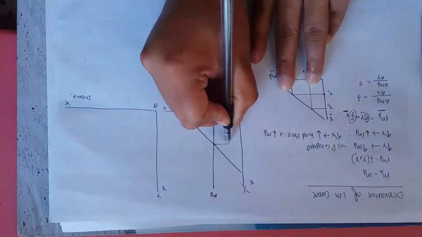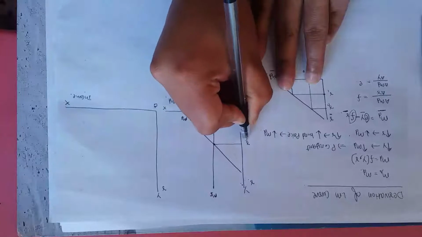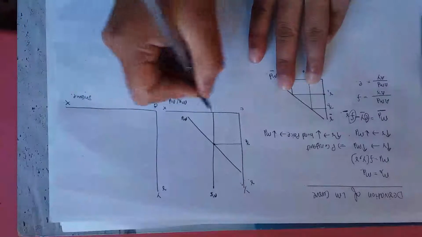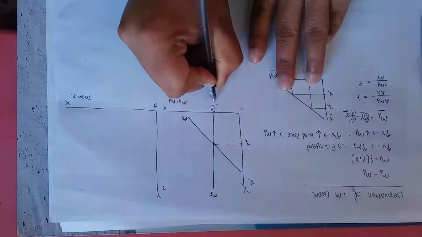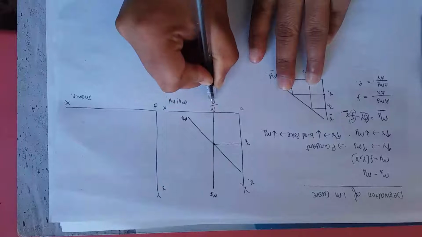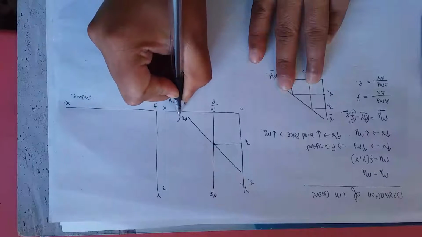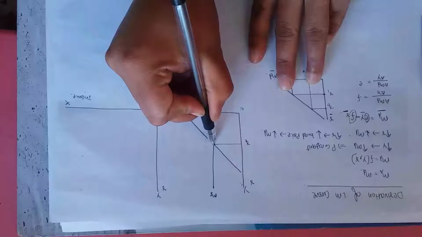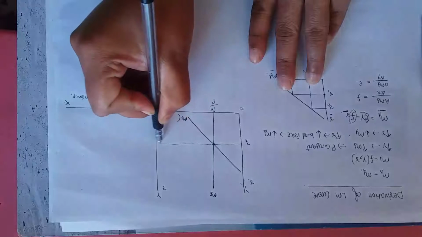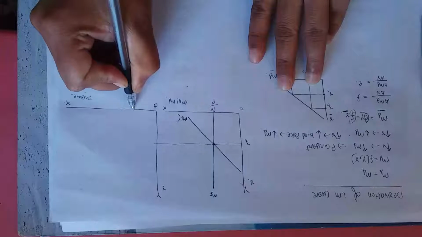At this point, the rate of interest is R0. This is M upon P, money supply and price. At this point, the level of income is Y0.